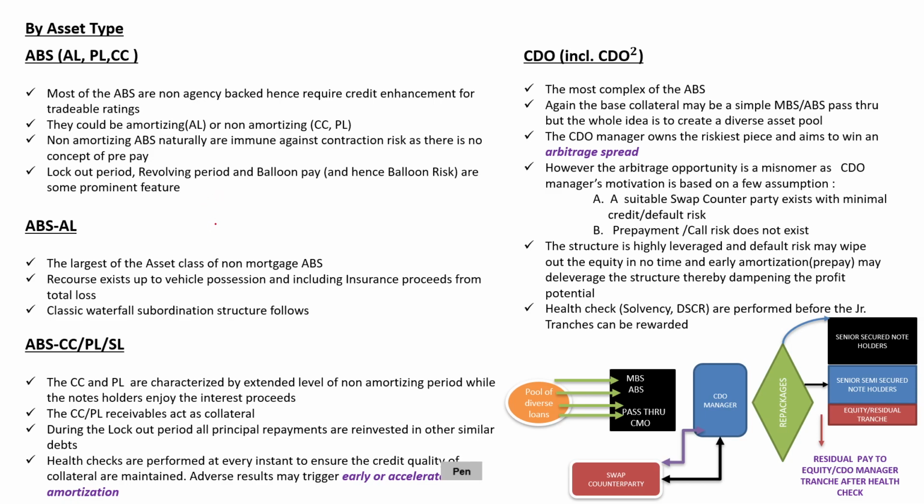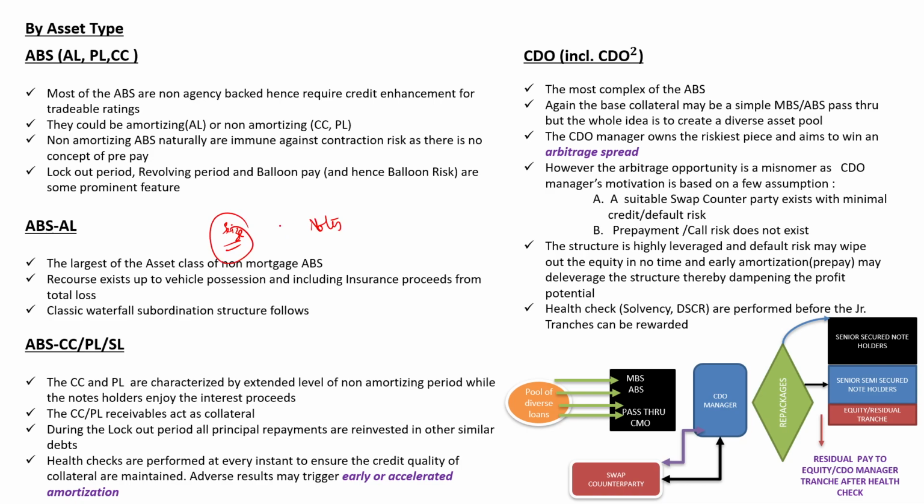Now, in case of the ABS security, the lender, in this case the notes holder, has full recourse. That is, in case of a default by the borrower, they would not only be in a position to seize the vehicle, but also in case the vehicle has met with an accident or has undergone damage which is beyond repair, which is classified as a total loss under the laws of insurance, all the proceeds from the insurance may accrue to the notes holder.